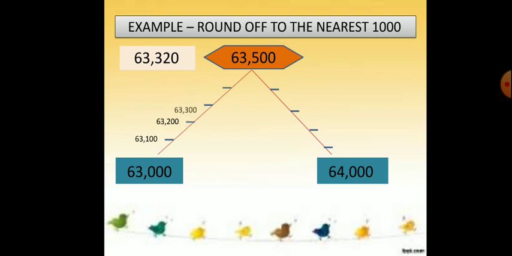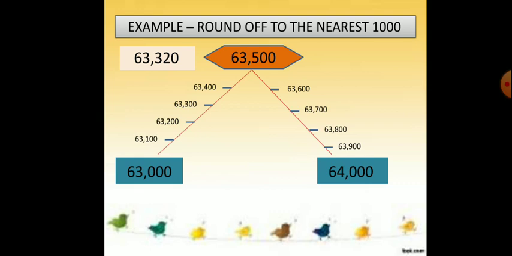Now let us see where this number will come. See children, this number 63,320 is smaller than 63,500. You can see here, after 63,000 I have written 63,100, then 63,200, 63,300, and the number which we have to round off is 63,320.